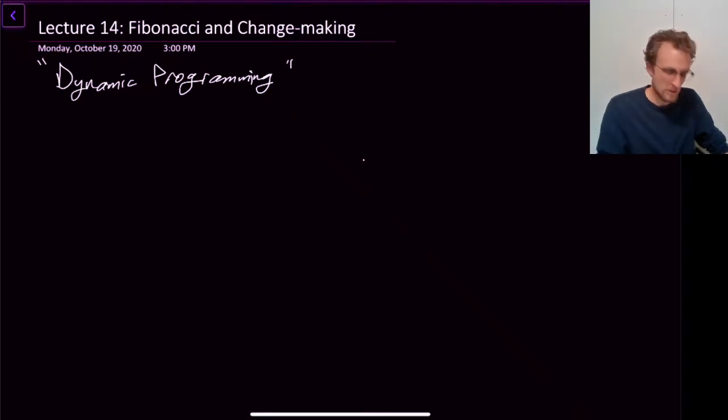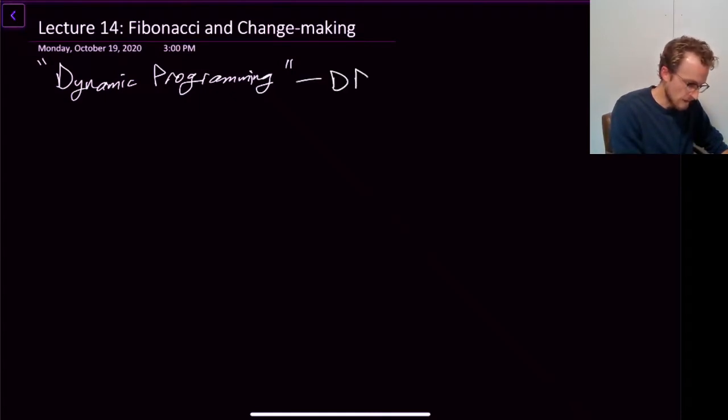When I say the words dynamic programming, it sounds like the program updates itself as it goes. It's not like that. We're not talking about self-writing code. That was my first impression when I first heard the term back in graduate school. So we'll typically just refer to this as DP.